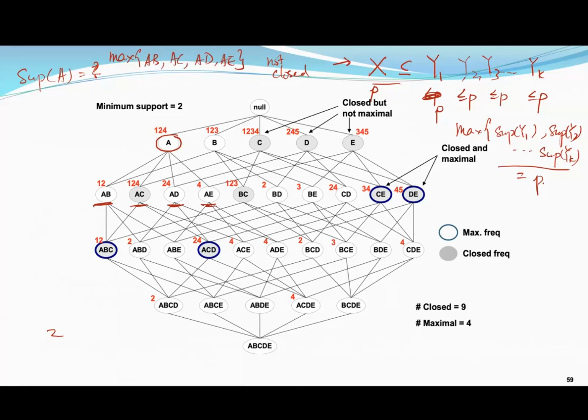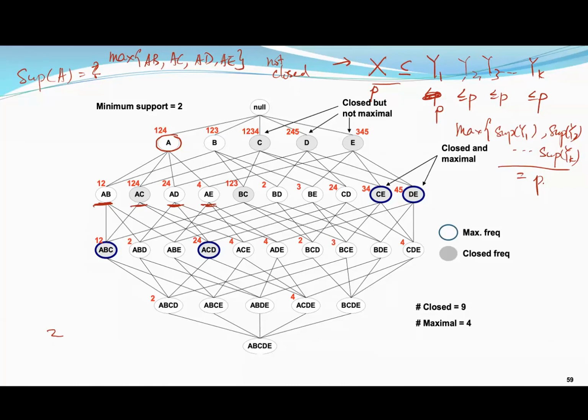All right. Now, AB, do we know its support count? The answer is no, because it is not shaded. This is not a closed frequent item set, so its support count is not recorded in our data set. But we know that AB is a frequent item set because it is a subset of ABC, but we do not know its support count. Therefore, the support count of AB would have to be determined.